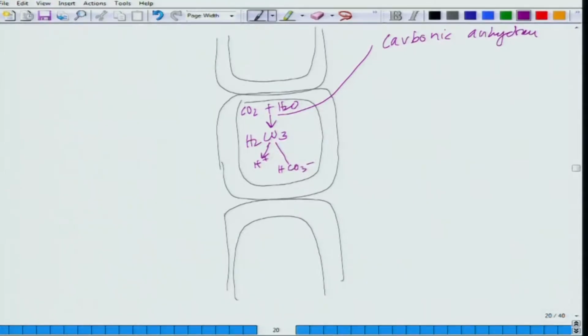Okay. Then what happens once this gets dissociated? The bicarbonate ion which is released here, these ions, 2-3 things happen. This H plus ion moves through a transporter. This side is the lumen side, and this side is the interstitial fluid.